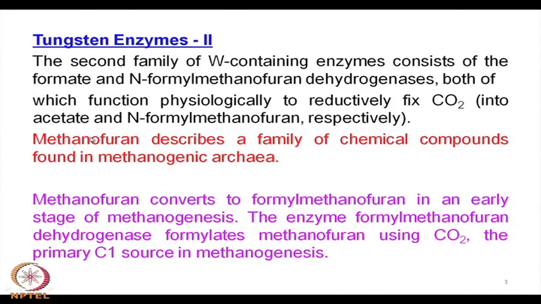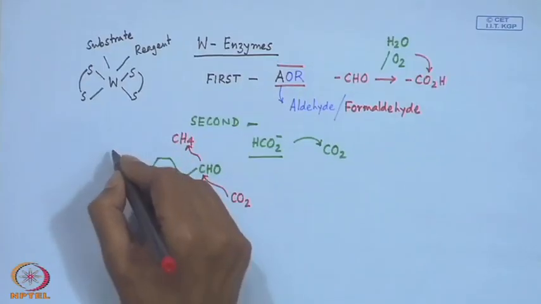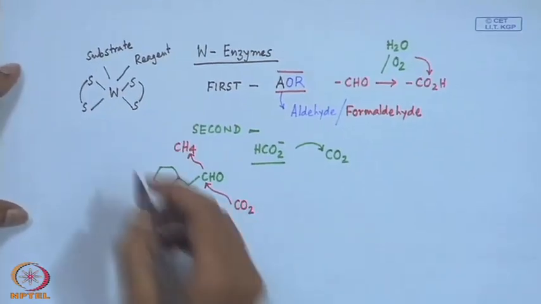So, methanofuran therefore forms a family of chemical compounds, a group of useful chemical compounds. We do not study all the time much about these methanofuran molecules, but they are useful molecules and they are also found in methanogenic archaea. Methanogenic archaea is therefore useful for handling the methanofuran derivative, and that derivative can be utilized for the production of methane.